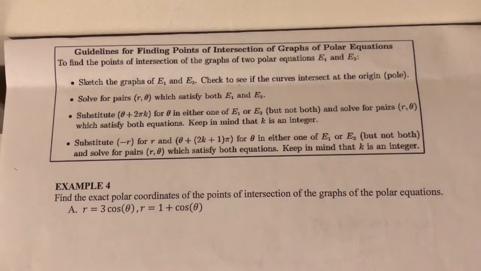Now, step 2, we actually do a little bit of algebra, a little bit of trigonometry. Solve for the pairs r, theta which satisfy both polar equations. Now, if we're lucky, that's the end of the story. Polar coordinates and equations with polar coordinates can be kind of wild sometimes. So there's a couple other bullet points there. They probably don't make sense right now.